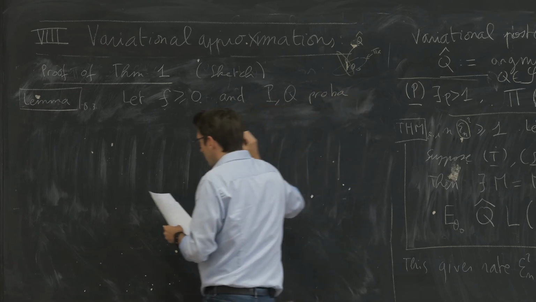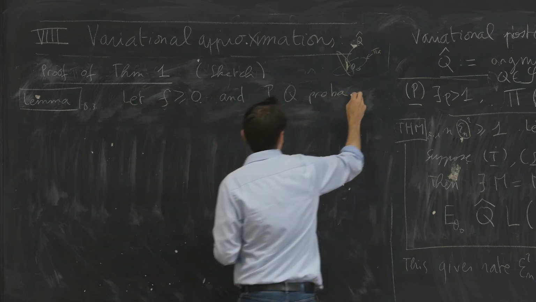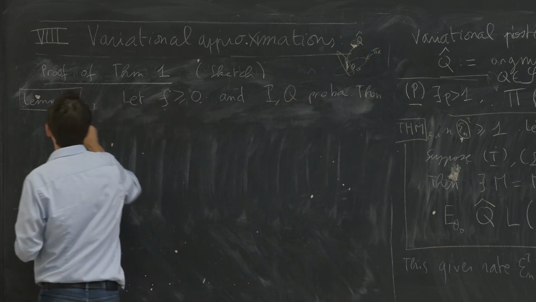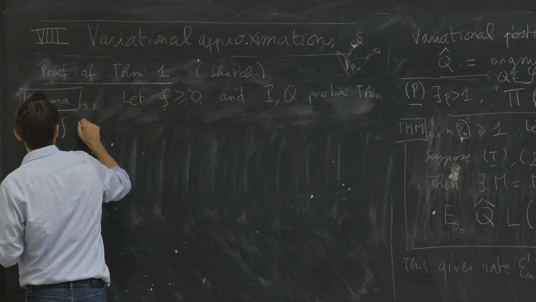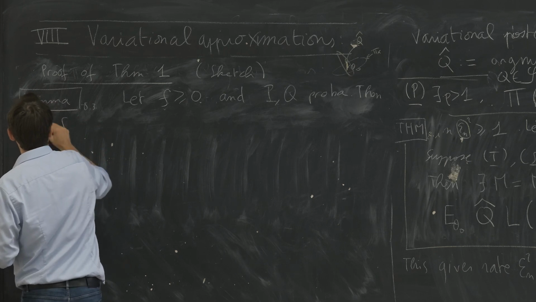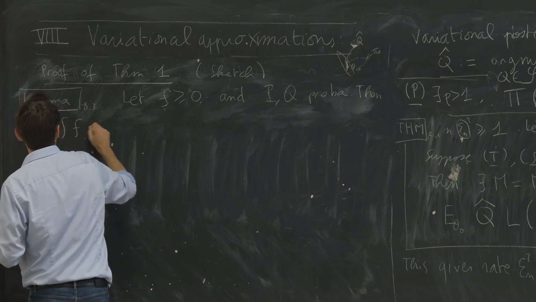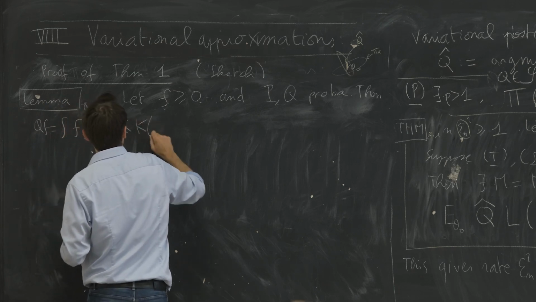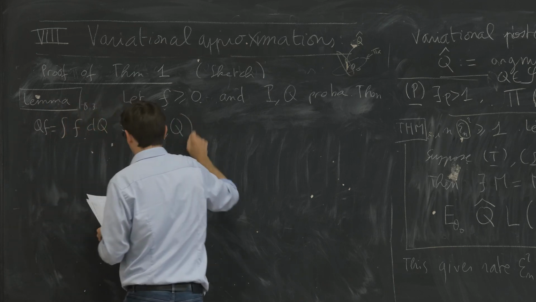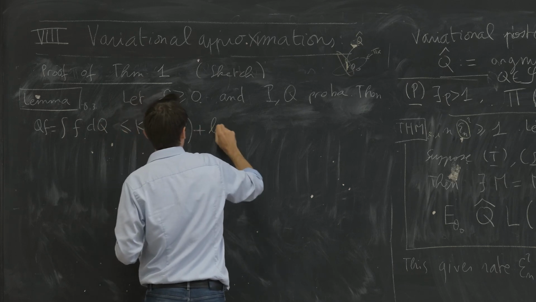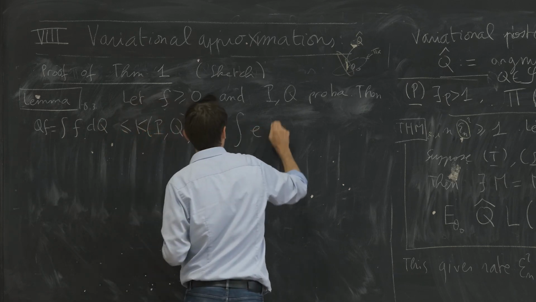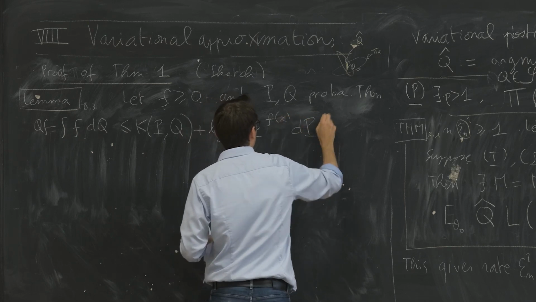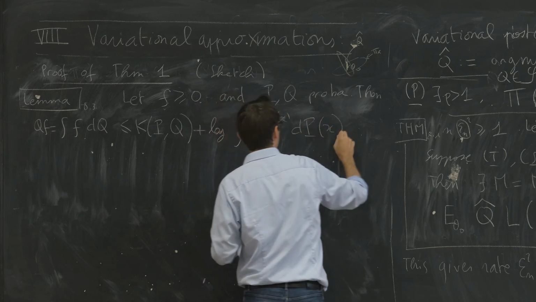At first sight, it's again a lemma combining different quantities. So you have an integral, in my operator notation, Qf, the integral of f dq. This is smaller than the Kullback-Leibler divergence between P and Q, plus the log of the integral of e to the f(x) d pi of x.